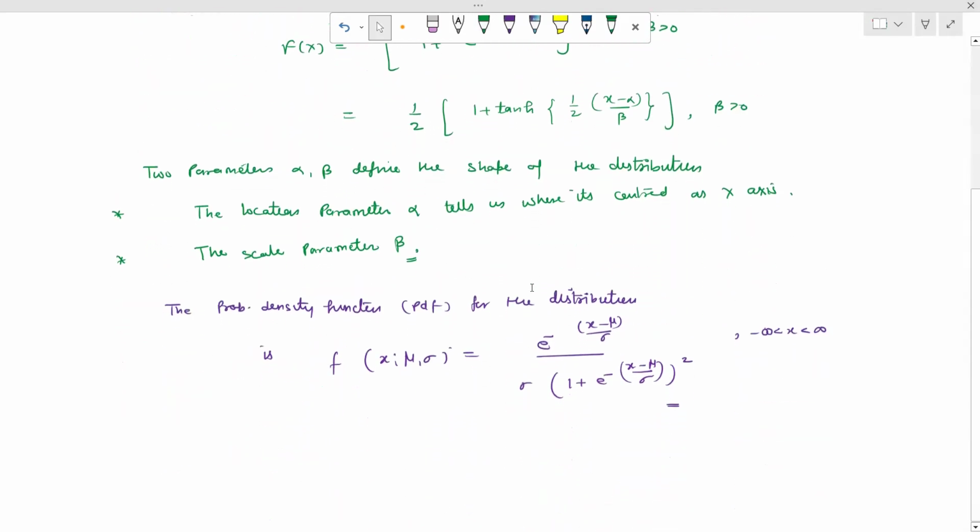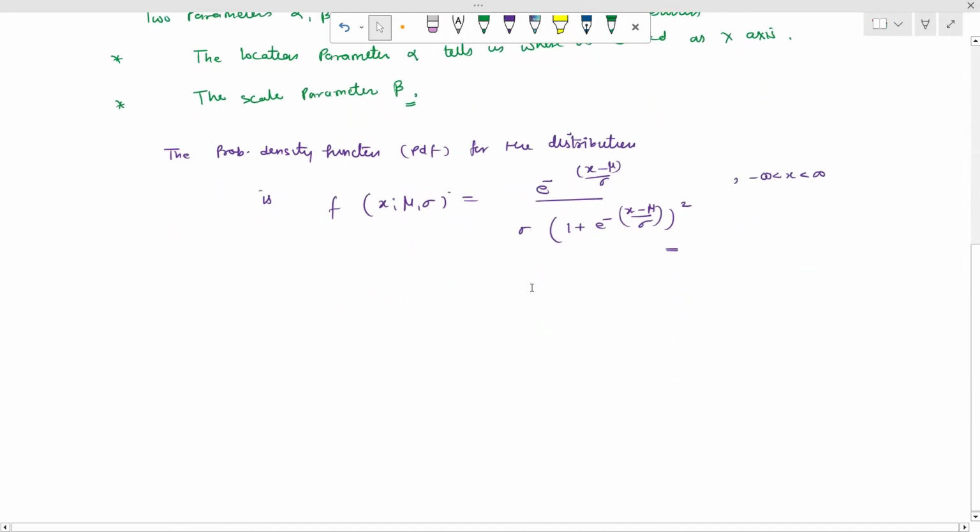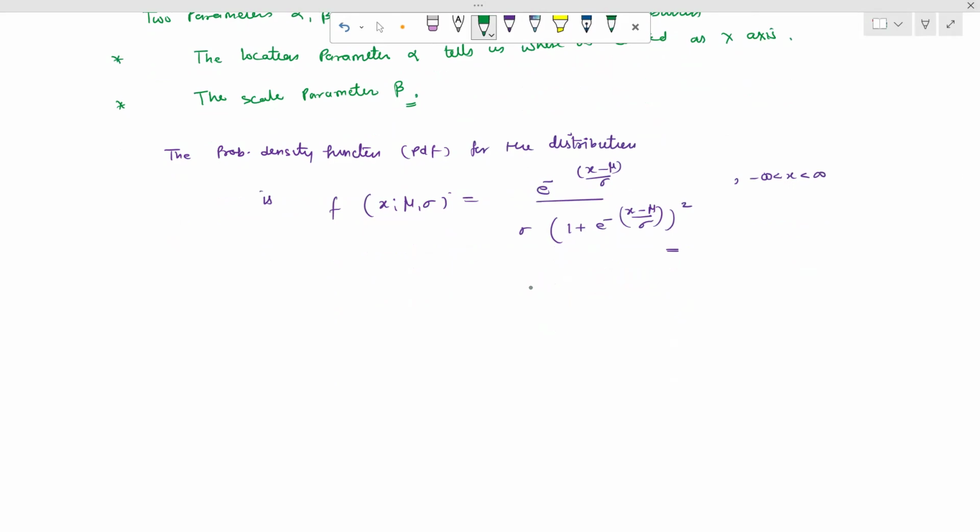Now, where do we use this logistic distribution? We can write down the uses of this.